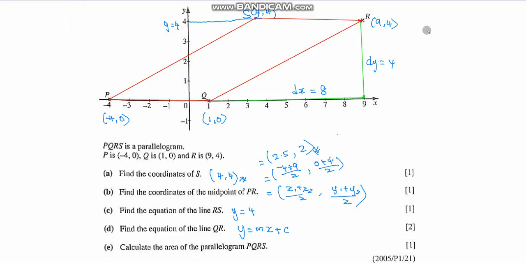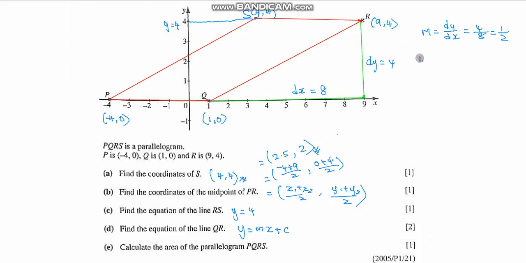So the m will be equal to dy over dx, 4 over 8, which gives you half. Bear in mind this line is slanting toward the right, so it is a positive gradient.